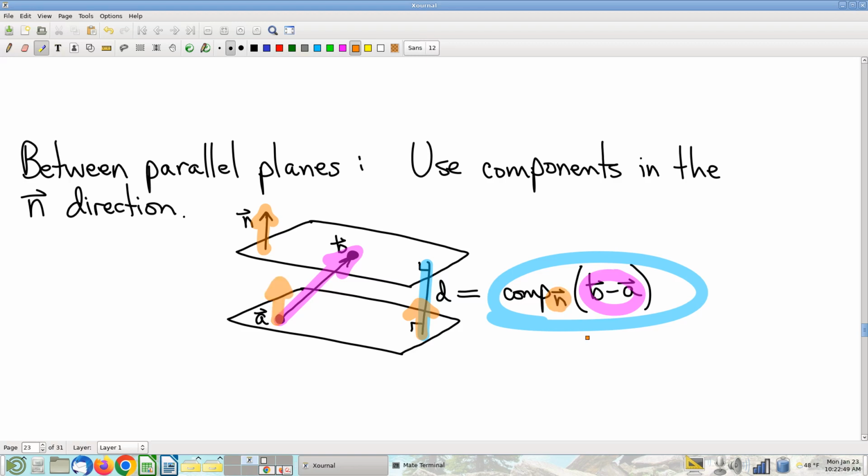So just take your normal vector. Sometimes these just work really quick. The big point here is just to recognize that the distance in question is an easy component. How are we doing on that one? Everybody good? Nice little trick, yes.